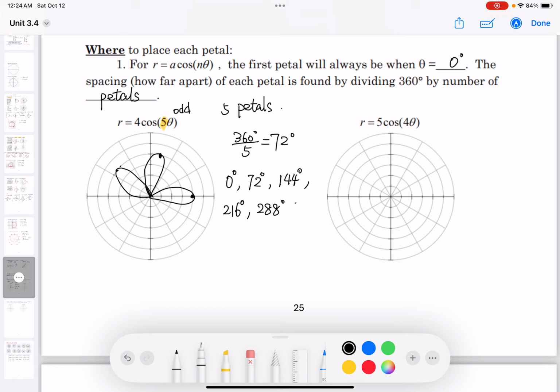And how about the next one? It's 216. So where is 216? 225 is here, and then less than 225, and 210 is here, so it should be here.